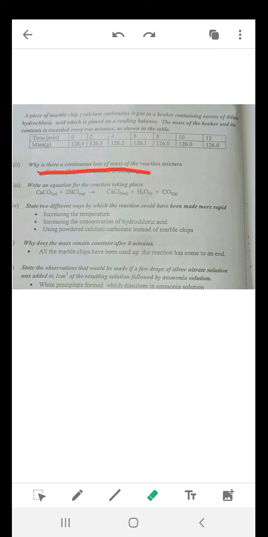Also, we can do what? We could talk about surface area. Increasing the surface area increases the rate of reaction. And we said surface area affects what we call the heterogeneous reaction.